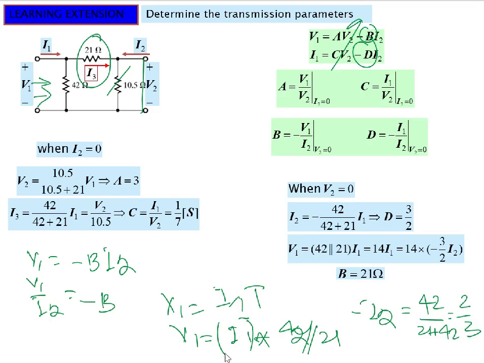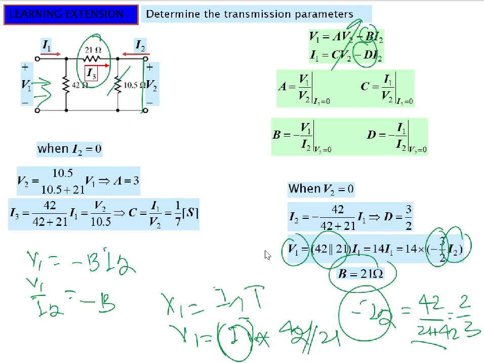So here this thing is 2 by 3 I1. So V1 is 42 parallel 21 into 2 by 3 of I1, 3 by 2 of I1, because we are saying that we are putting I2's value in it in this equation, but here we are putting I1's value in it. So invert हो जाएगा. So this will give us our B. पहले हम B calculate करते हैं तो B calculate होगा.